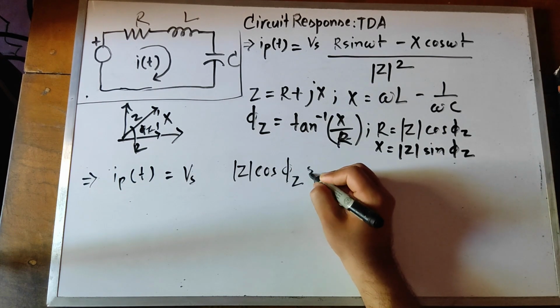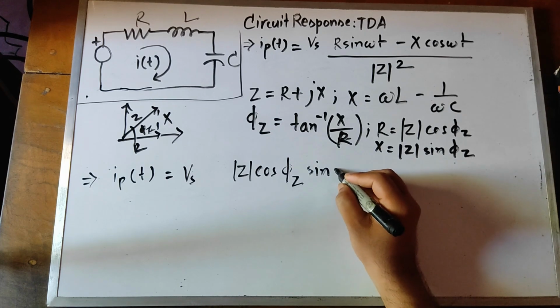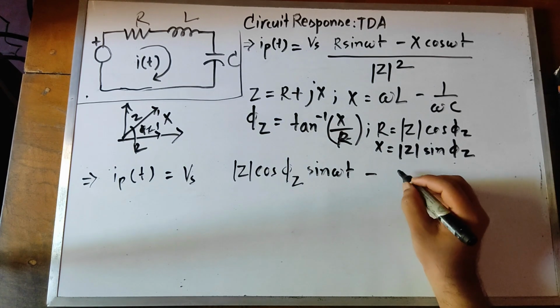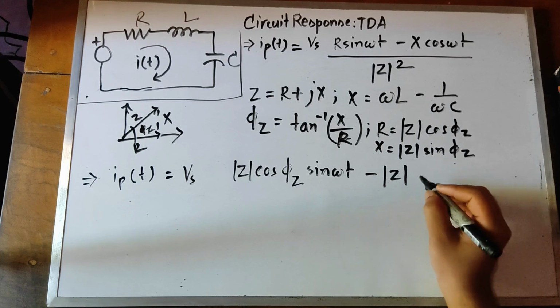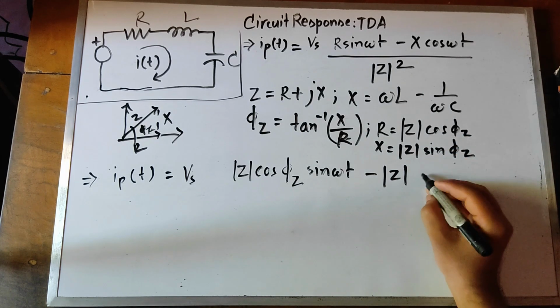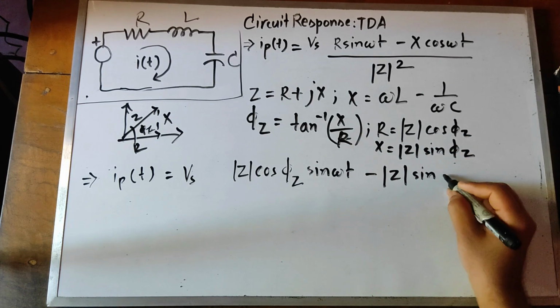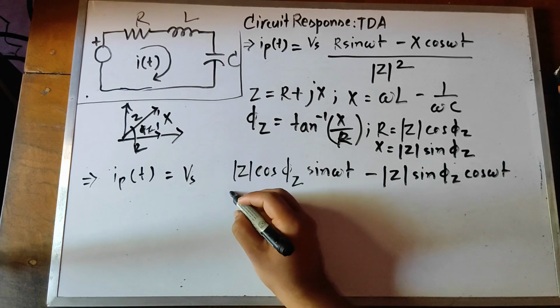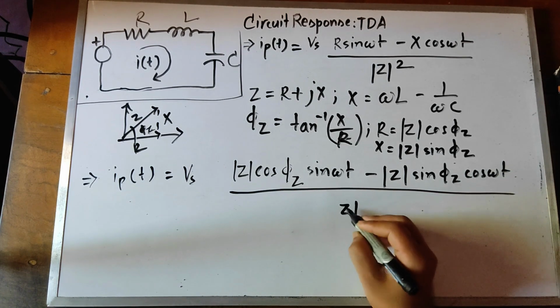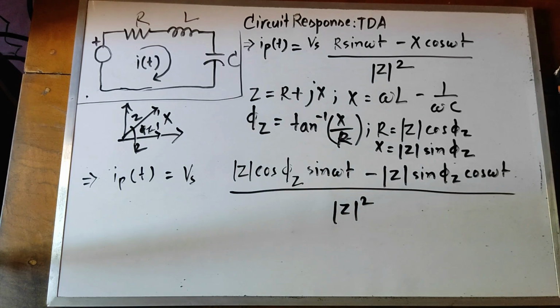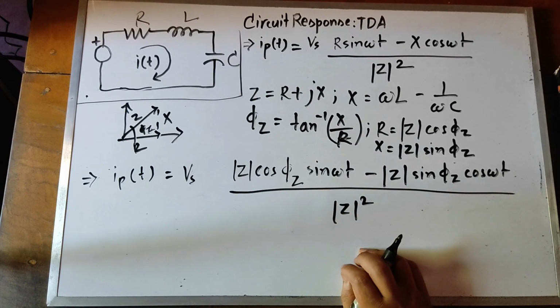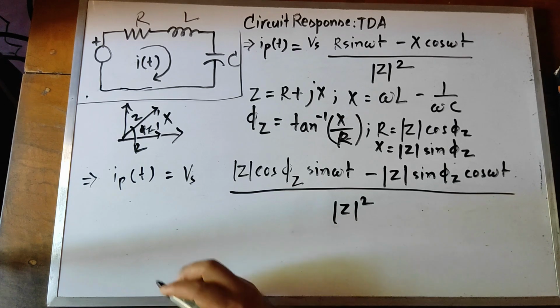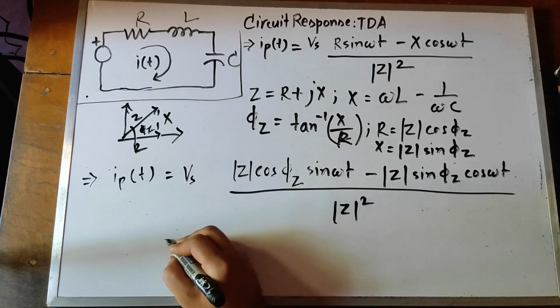So now what I'm getting is cos phi z sine omega t minus x, where x is the reactance, Z sin phi z cos omega t, by the magnitude of the impedance of the RLC circuit whole squared.